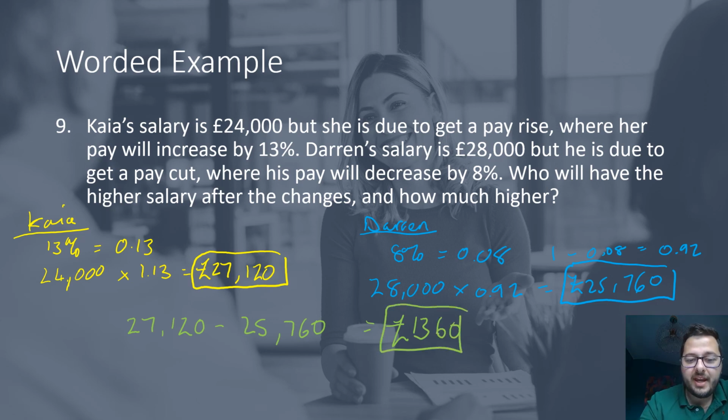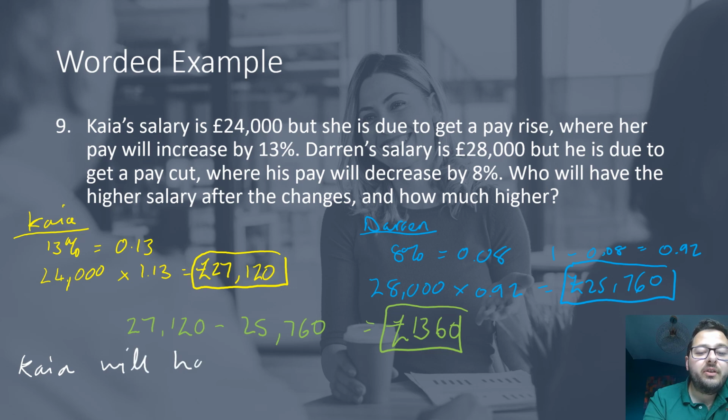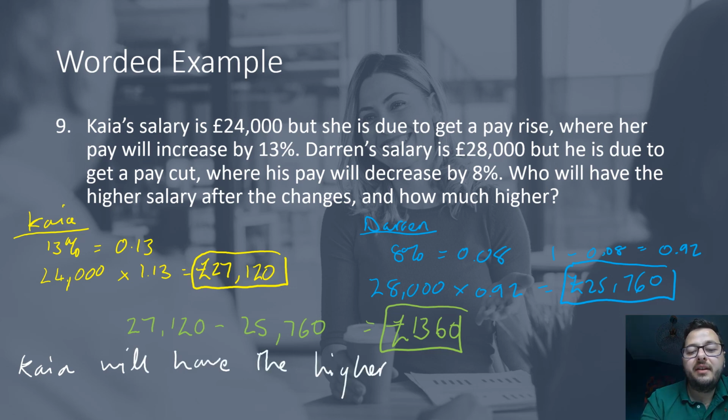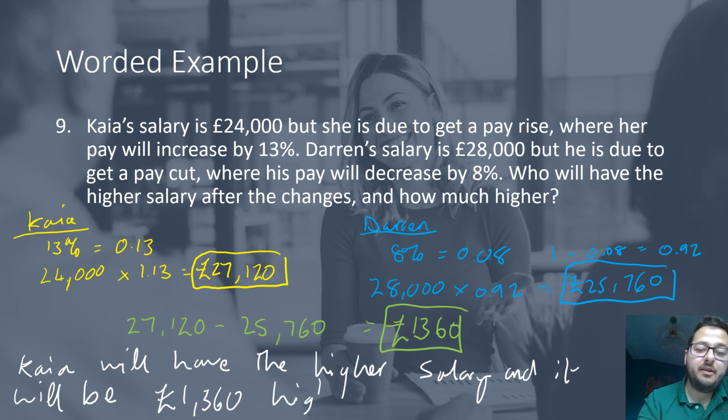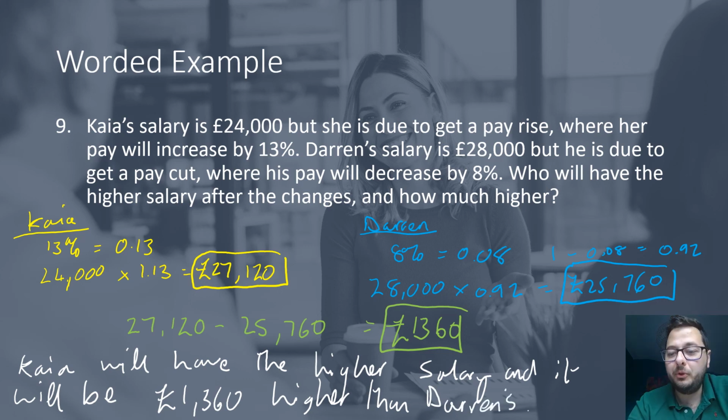So after the change, Kaya will have the higher salary and it will be £1,360 higher than Darren's. I don't know what he's done to deserve that, but good luck, Darren.